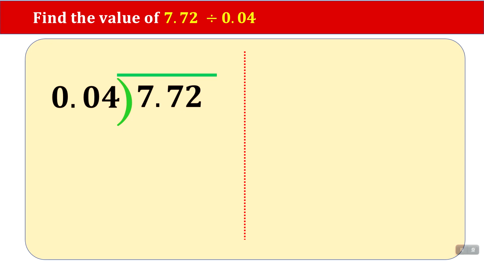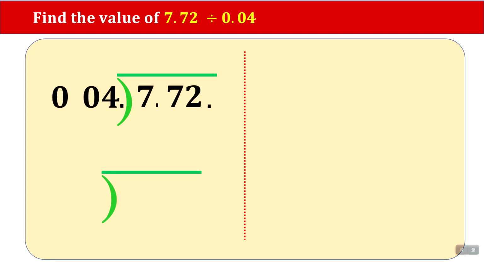Let's try to find the value of 7.72 divided by 0.04. We need to find a way to convert 0.04 into a whole number that we know. Well, 0.04, if we move the decimal point 2 places, 1, 2, we now have the number 4. And so we have to move the same number of places under the division sign. 1, 2, and put the decimal point.